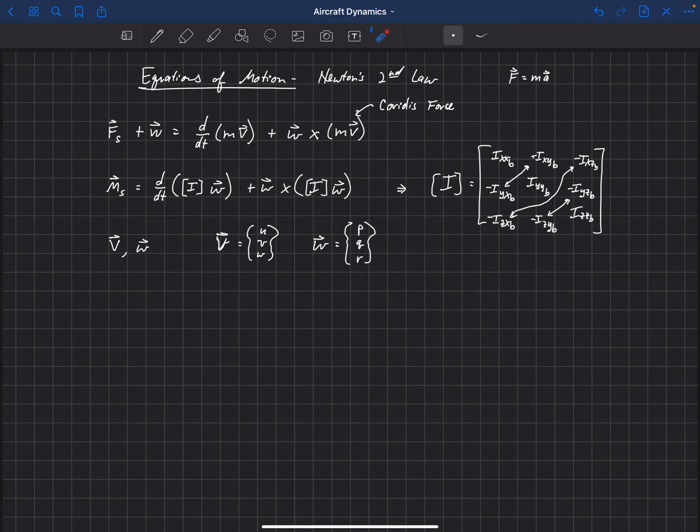Okay, so like I said, we're going to dig into this equation here and mess with it just a little bit. The first thing I'm going to do is move this term over to the left-hand side and move these two terms to the right-hand side. So I'll just rewrite that here.